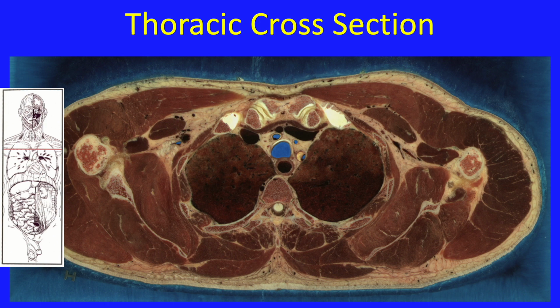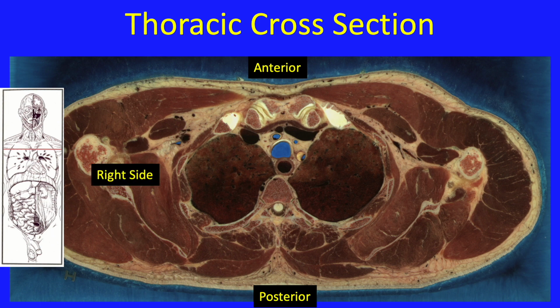The patient is lying down on their back, hence the anterior of the body will be projecting on top of the image. The back of the patient will be located on the bottom of the image. The right side of the body will be on the left side of the observer looking at the slide, and the left side will be on the right side of the image.